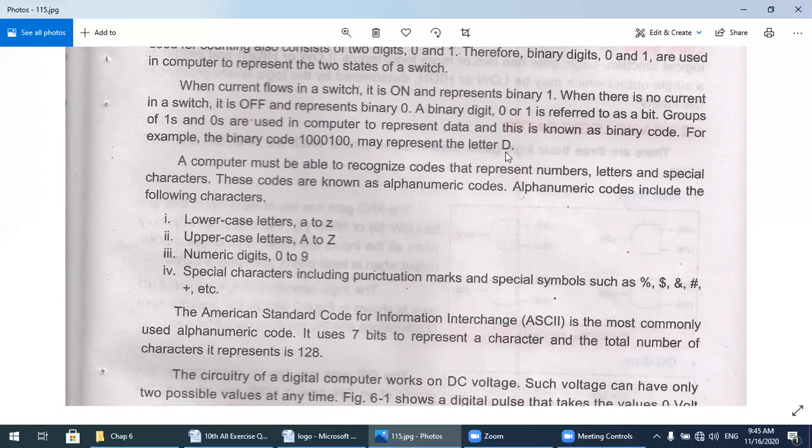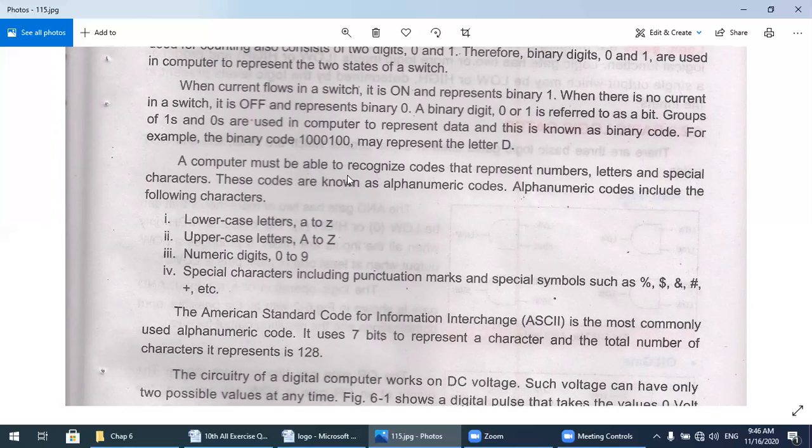As you know, the ASCII code of capital A is 65, B is 66, C is 67, D is 68. So you can convert the 68 into binary form and you will get this result.